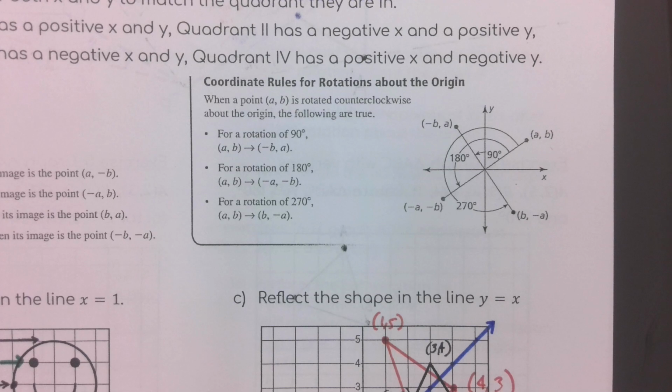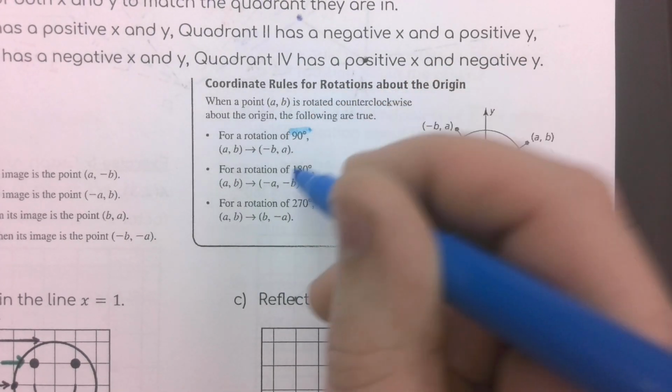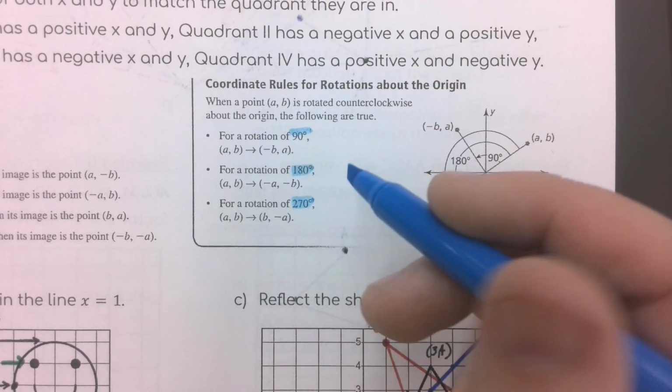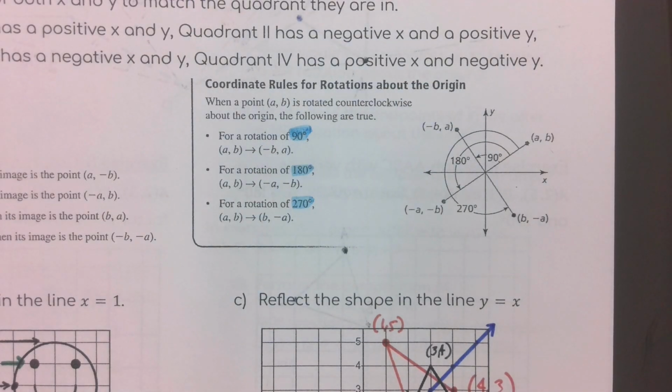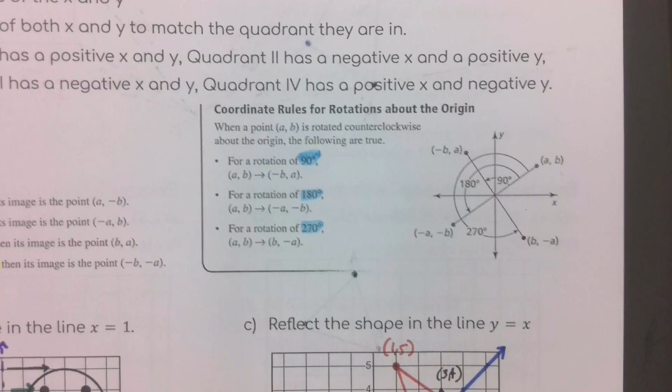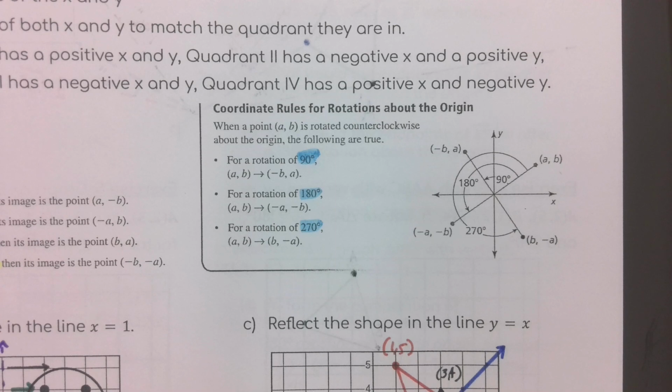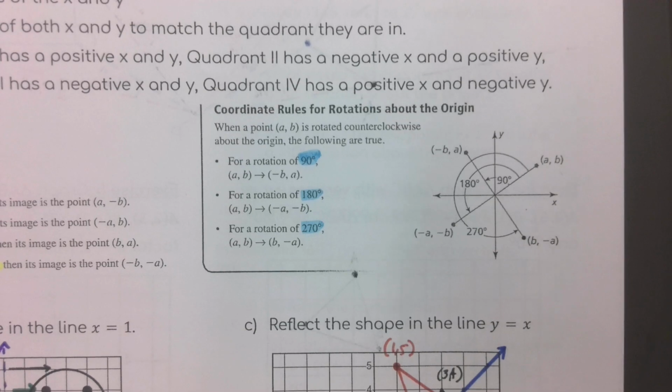It tells you exactly what happens when you rotate 90 degrees, 180 degrees, and 270 degrees. But I've also got a little bit of a shortcut to help you memorize these. You won't need to memorize these. Again, you'll have these notes with you when you do your project, but it's very nice to.